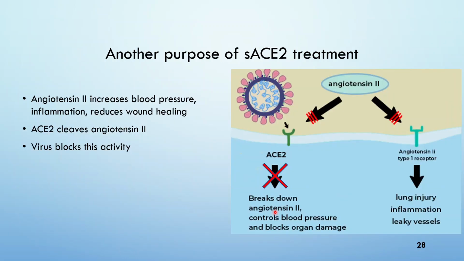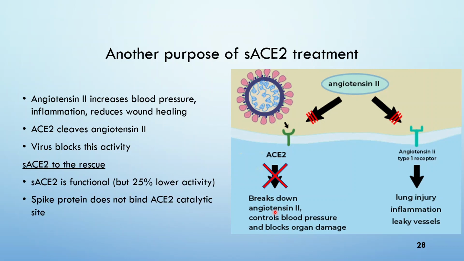Lastly, this soluble ACE2 treatment can have dual function. Normally, ACE2 regulates blood pressure, inflammation, and wound healing by cleaving this angiotensin II hormone. The virus blocks this activity and that causes inflammation, high blood pressure, and injury to organs, which makes COVID-19 more severe.